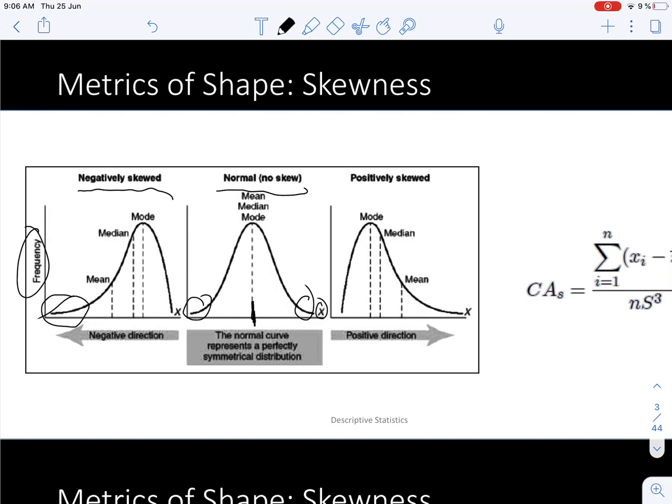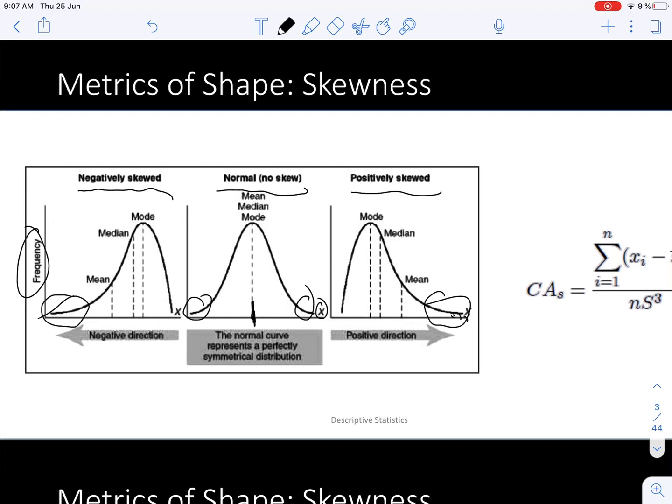Therefore, we call it negatively skewed, or skewed to the left. And the third case is positively skewed. That's when the tail extends to the right. In that case, even though we have few observations here, there are some values with high magnitude. That's why we have a longer tail on that side.